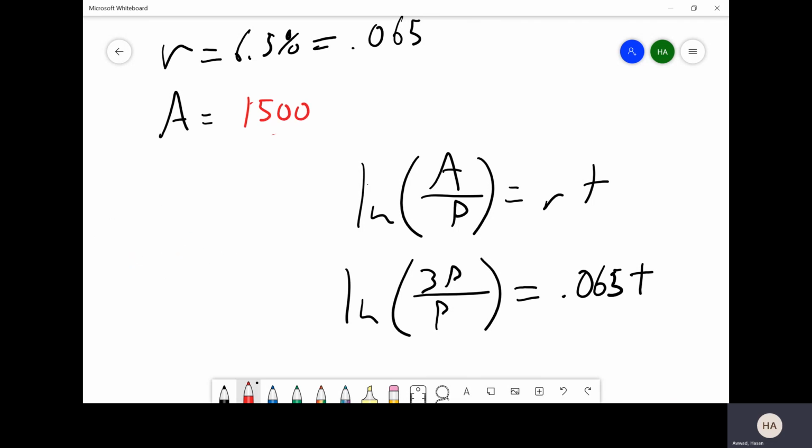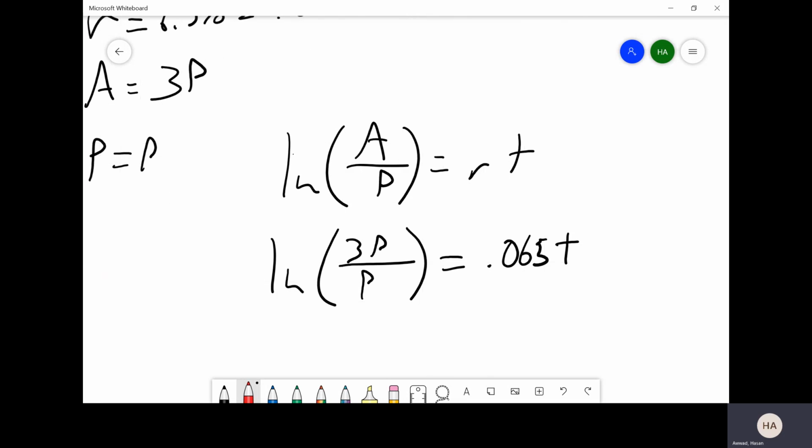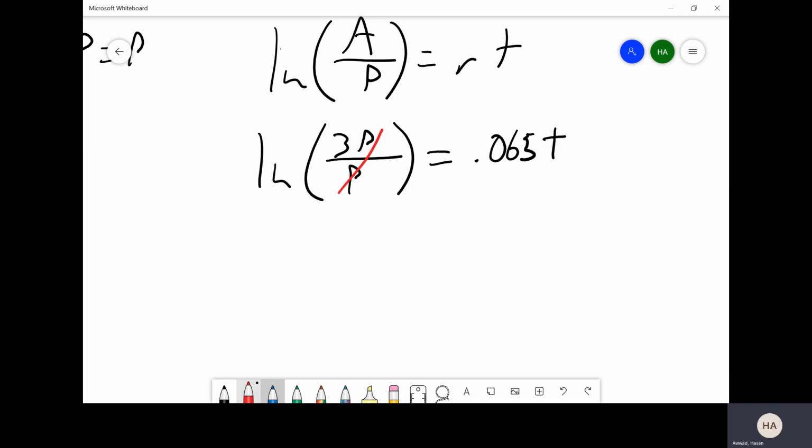So in general, it's not going to matter, because A is always 3 times your initial. Because we're dividing by our initial investment anyway in this formula, 3P divided by P, well, P over P just cancels. It doesn't matter what your initial investment is because we're just looking to see how long it takes to triple it. So great, that works out.